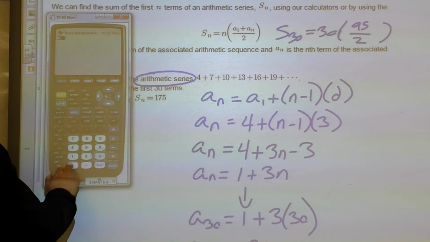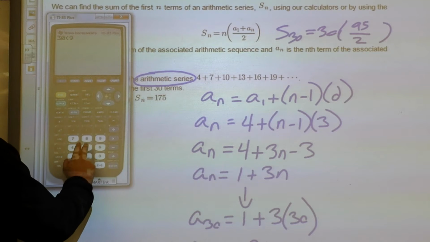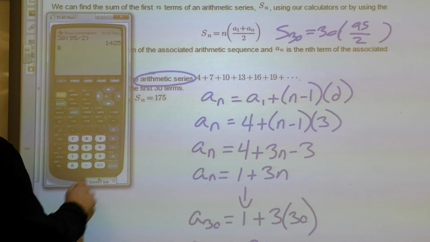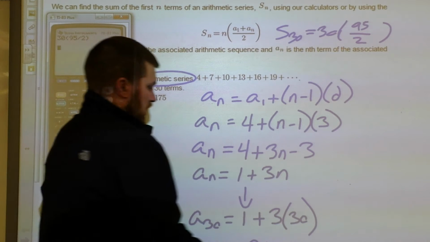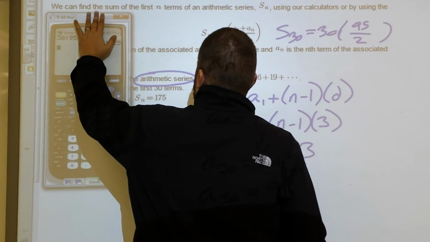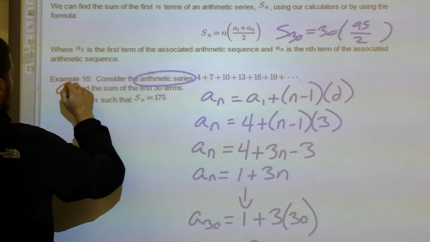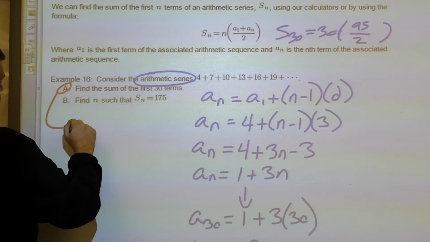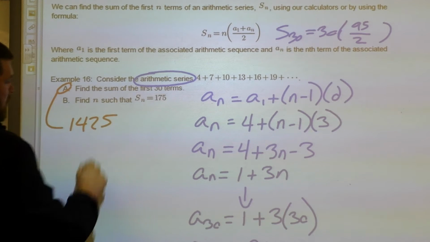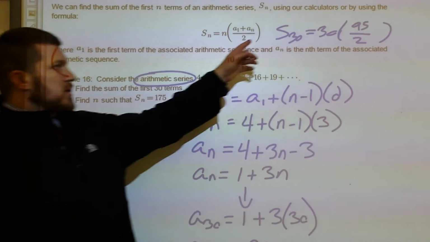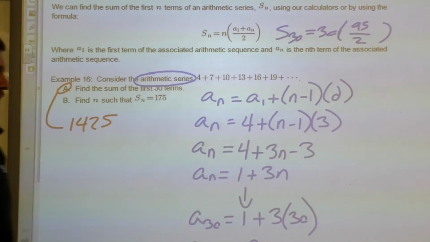So what I'm going to say is 30 parentheses 95 divided by 2. And I get 1,425. So the answer to part A is 1,425.